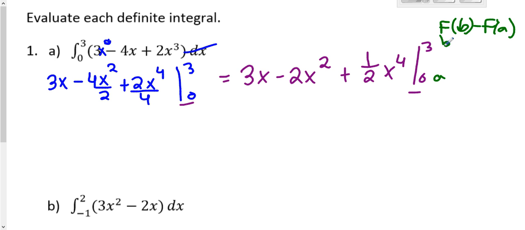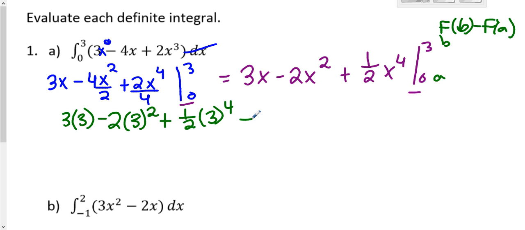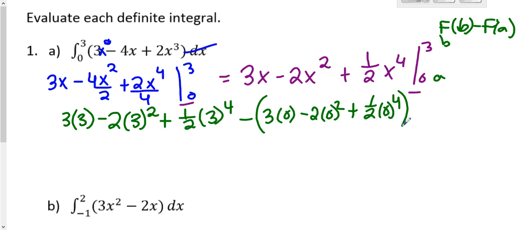So f of B, plug in B, 3 times 3 minus 2 times 3 squared plus 1/2 times 3 to the fourth, minus, plugging in 0, 3 times 0 minus 2 times 0 squared plus 1/2 times 0 to the fourth. Done. Make sure you have big brackets around this second part, because you are subtracting a whole group of things. So that subtraction would apply to everything.